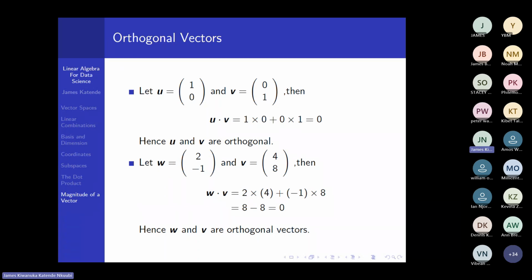Their dot product is 0, so they are orthogonal. Orthogonal is also, in the traditional way, perpendicular. So the angle between these two vectors is 90 degrees. The same with these two vectors, 2, -1, and 4, 8. Their dot product is still 0, so the two are perpendicular.